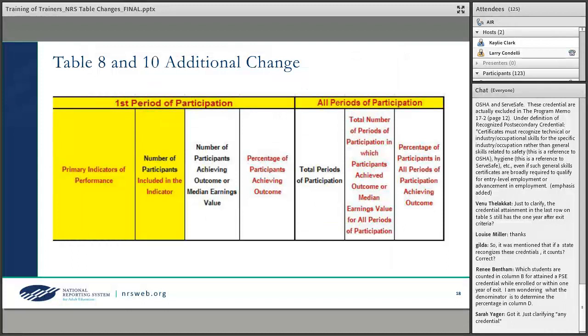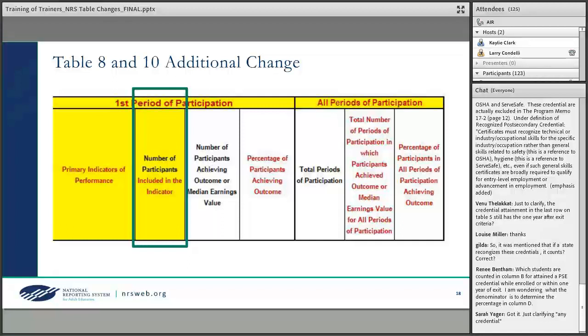Okay, great. So the last thing, looking at our current tables of changes, is a very simple change in Tables 8 and 10, where we did two things. We again put in the column headings, first period of participation and all periods of participation, to make clear which part of the table covers which things. And then all we did in 8 and 10 was change the label of that column.